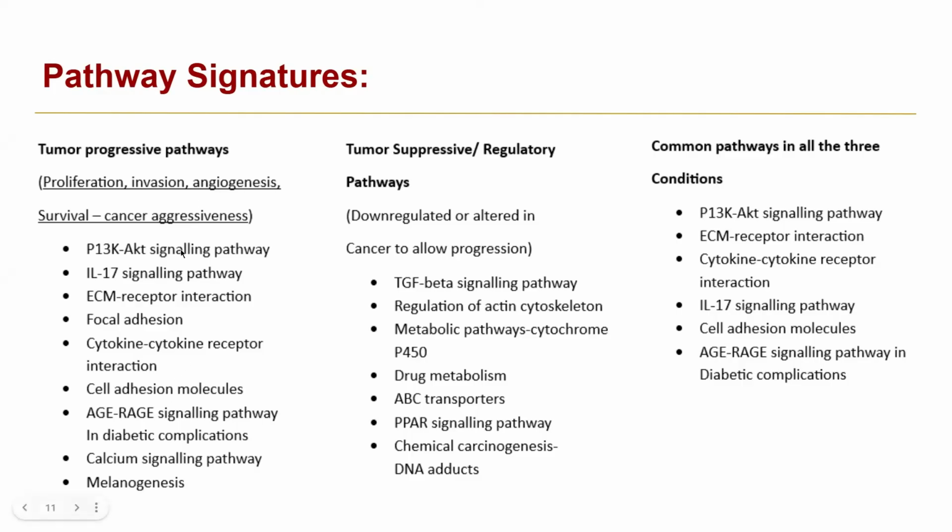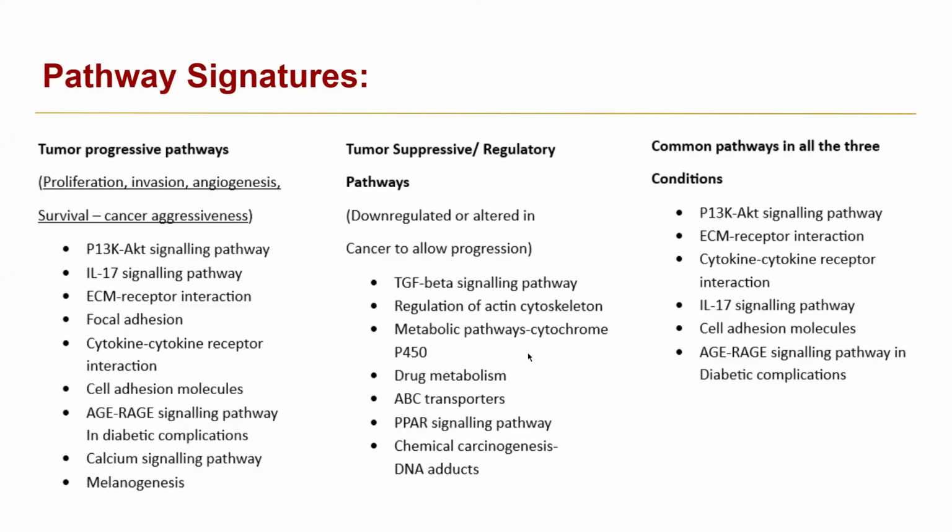These pathways are involved in the progression of the tumor, and these pathways listed here are responsible for the suppression of the tumor. They are downregulated or altered in cancer, and they are also responsible for the progression of the tumor by suppressing certain other pathways or genes, such as TGF beta signaling pathway and drug metabolism pathway.